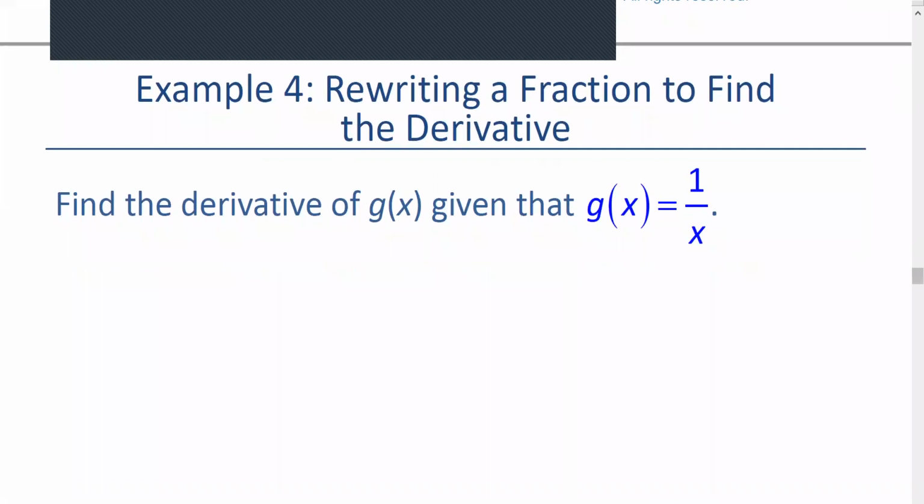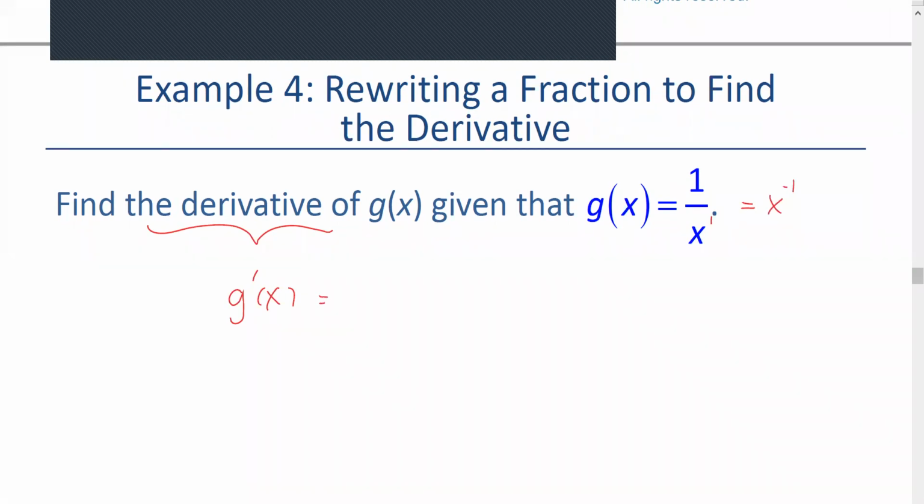Next example, find the derivative of g of x given that g of x equals 1 over x. So we are going to find the derivative, which is g prime x. For our case, g of x is 1 over x. We have the power rule. Therefore, we are going to rewrite 1 over x as x to the power negative 1.